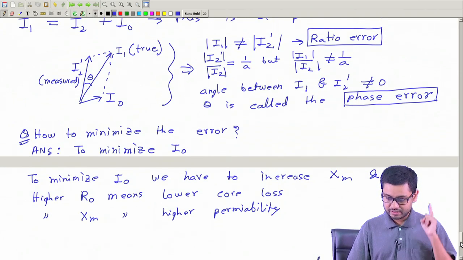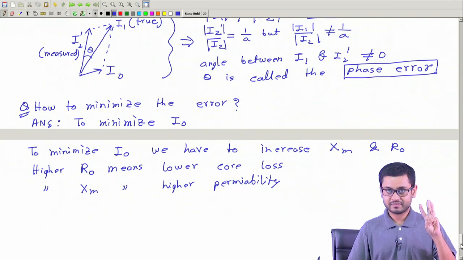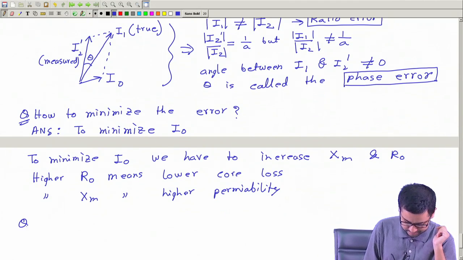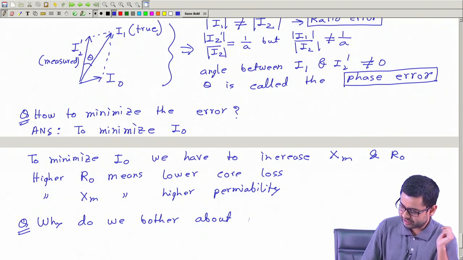So you have learned ratio error, phase error, and how to minimize them. Now the next question: why do we bother about phase error?